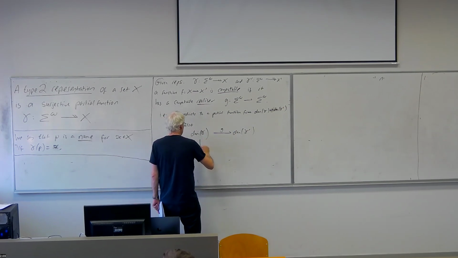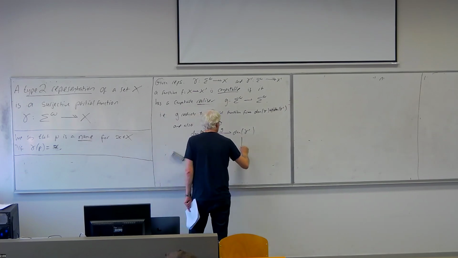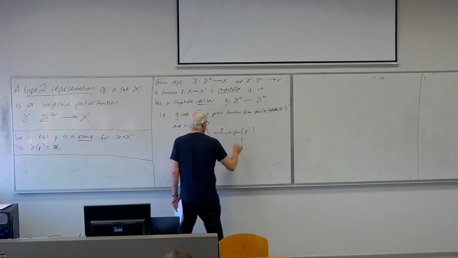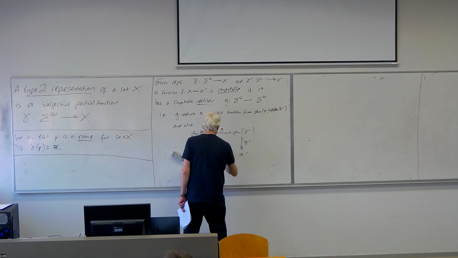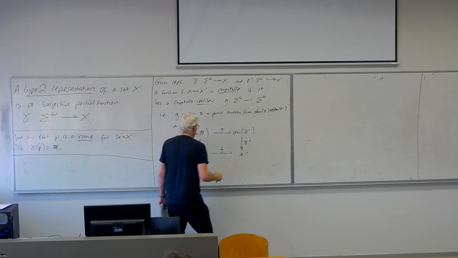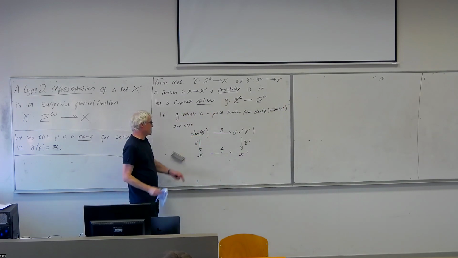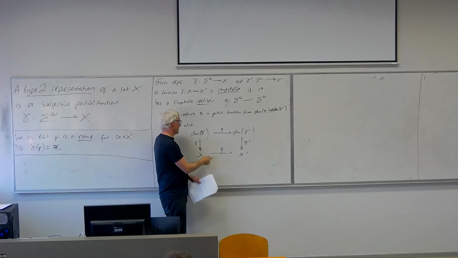But obviously what we want to hold is, here we have now total functions, gamma prime, X to X prime, and here we have the function after computing. This is simply saying that given a name for something in X, we apply G to it.